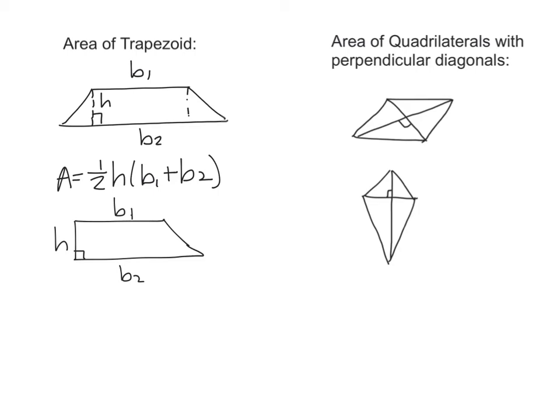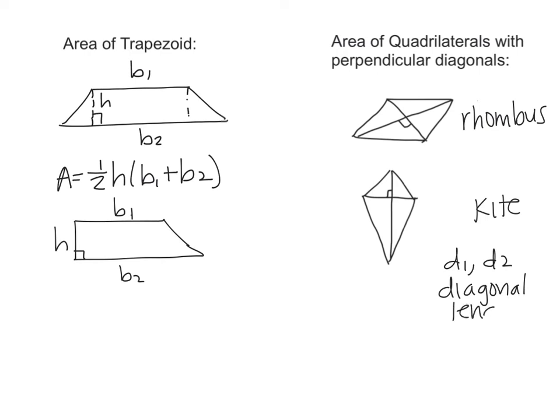Now, area of quadrilaterals with perpendicular diagonals. We have two polygons that we know have perpendicular diagonals, and those are rhombi, so a rhombus, and a kite. So we're going to say that they have diagonals. We're going to call them D1 and D2. So D1, D2 are our diagonals.